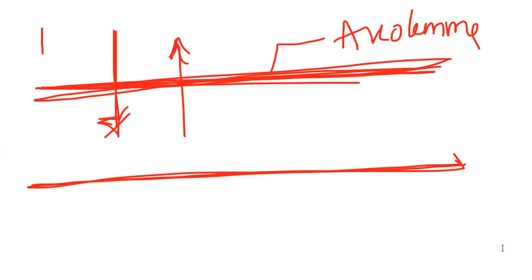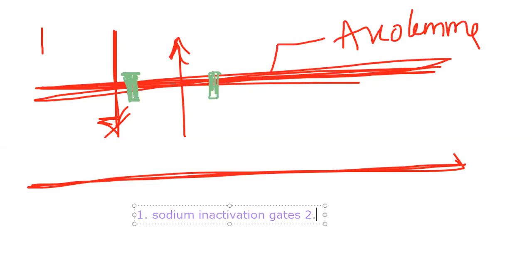So the going and coming is not so easy. That will happen through the gates. We have some separate gates here. So through those gates only things are going and coming. Those particular gates have some specific names that I have to introduce to you: the sodium inactivation gates, sodium activation gates, and potassium voltage gated channels.